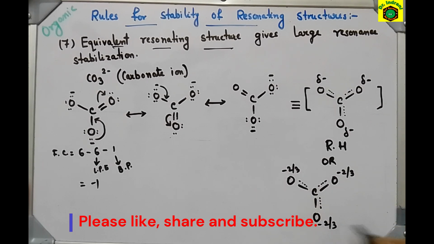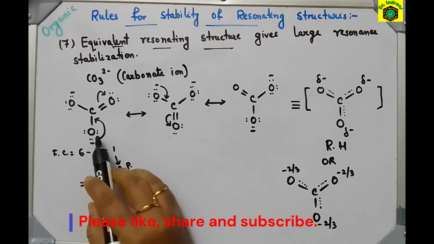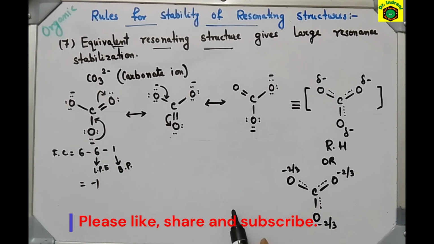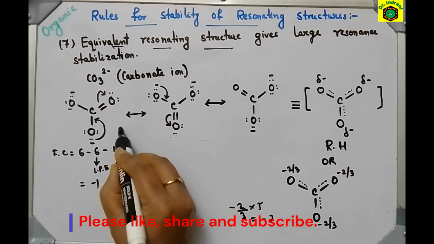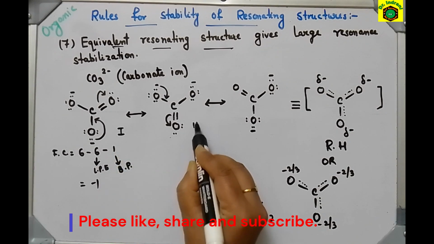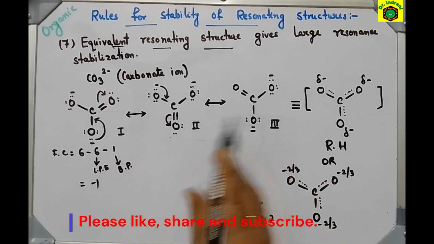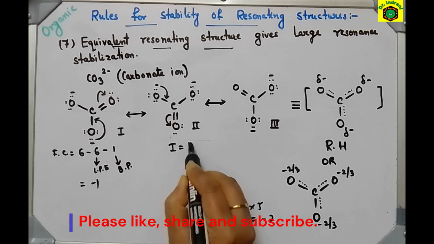by 3. Each resonating structure should have same charge. So here -2, here -2, here -2, and resonance hybrid also it is containing -2 by 3 into 3 means -2. Partial negative charge. So energy wise, if this is 1, this is 2, this is 3, all the 3 are having same energies.